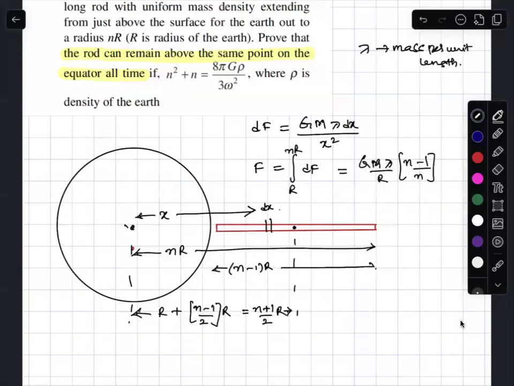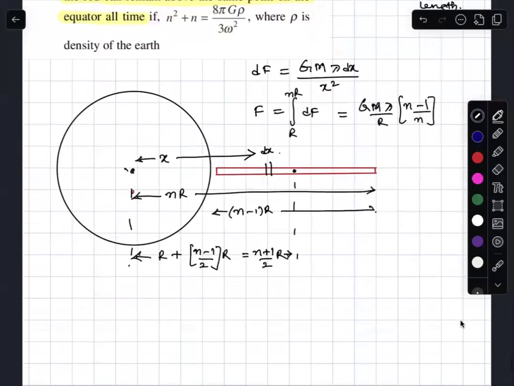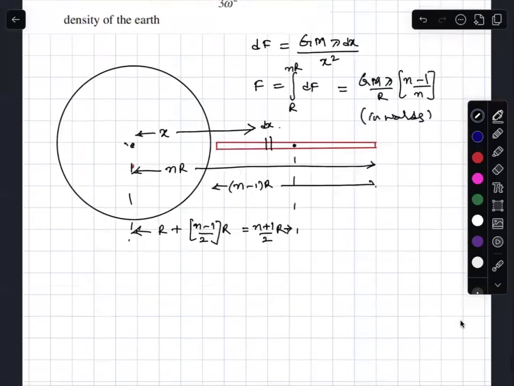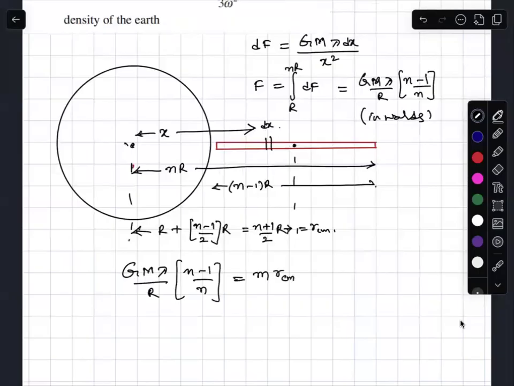So this is the core point. And this acts inwards, and this is the cause of the centripetal motion. The center of mass is at a distance, let this be R CM. So therefore, G M lambda by r times (n minus 1) by n is equal to m R CM omega square.